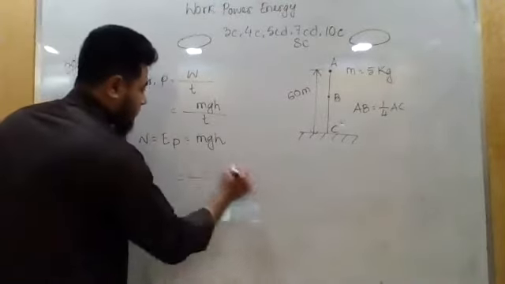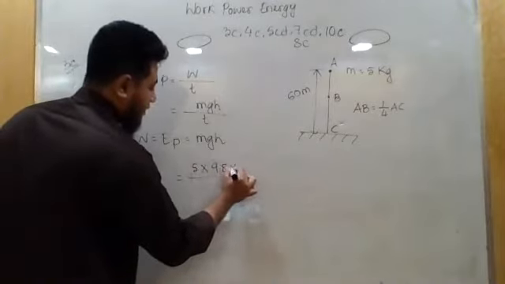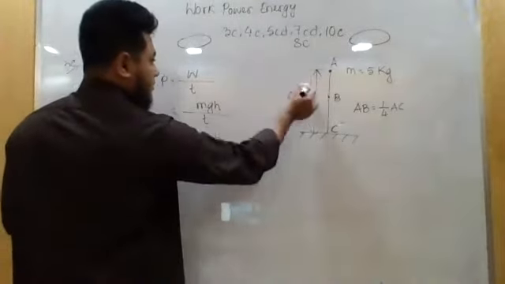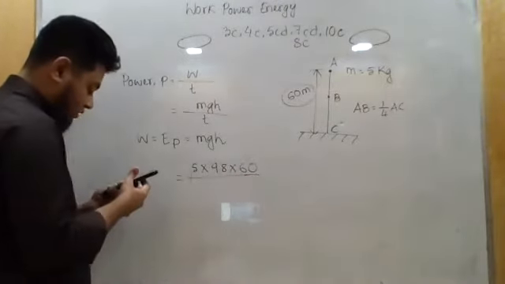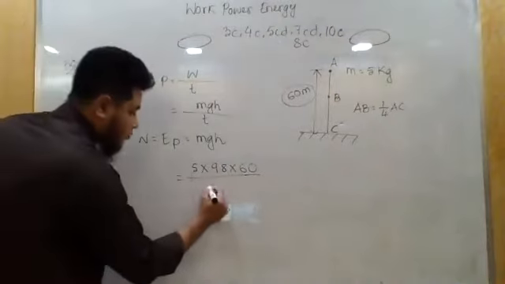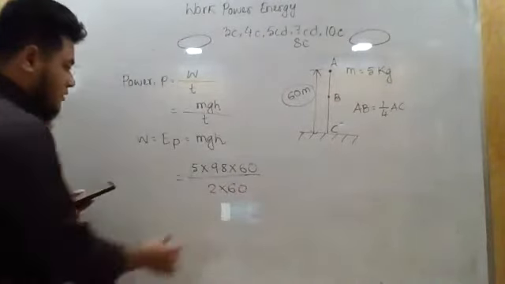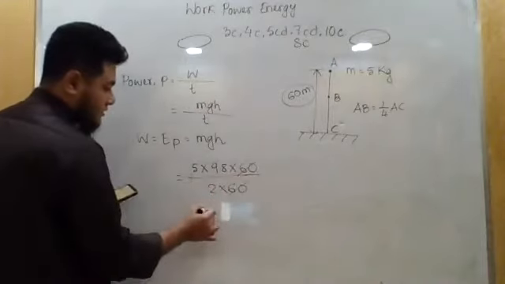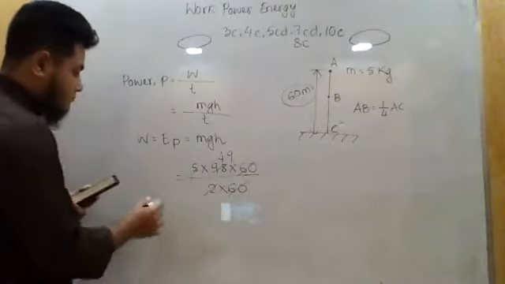Okay, so the mass of the body is given as 5, and g is 9.8, and the height to which I took it up is 60 meters, divided by time. What is the time taken? 2 minutes. I have to definitely convert it into seconds, so 2 into 60. Okay, so 60, 60, they will be cancelling together. 2, it will become 4.9.